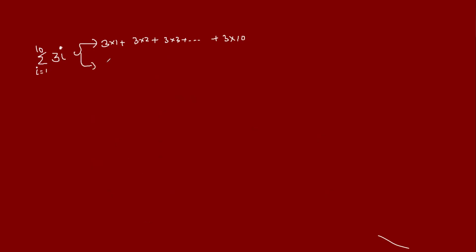Second method is 3 is taken outside. So basically you can see 3 is common, right? Up to 10. So from both you will get the same thing.